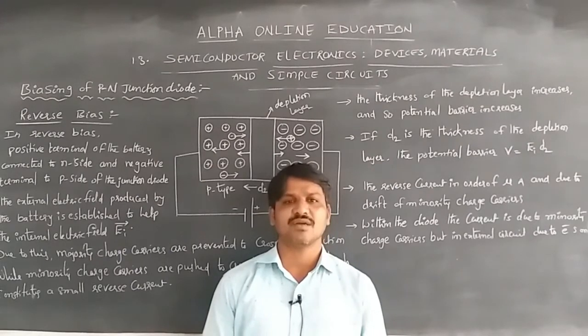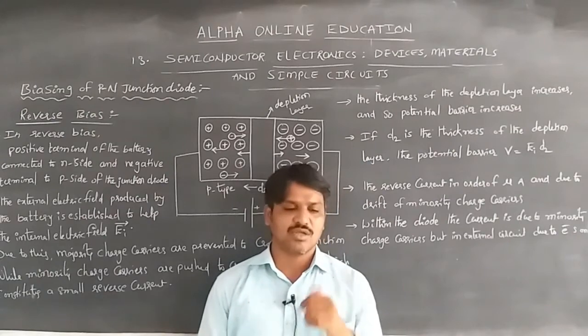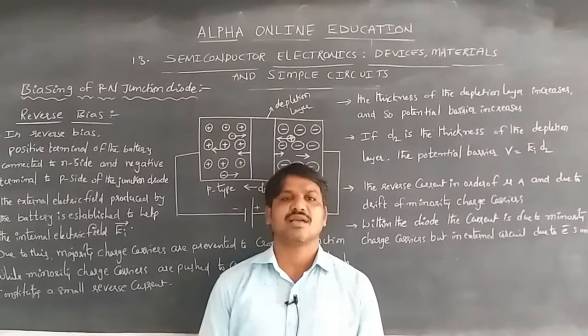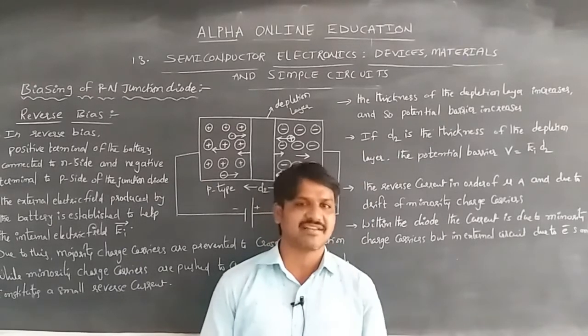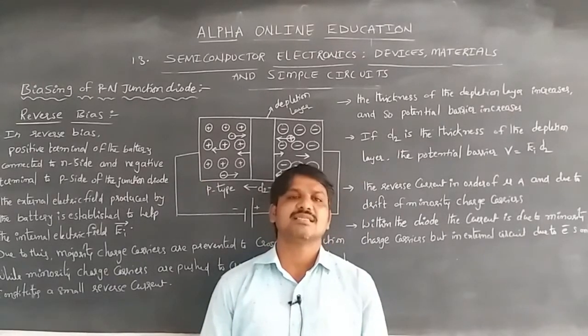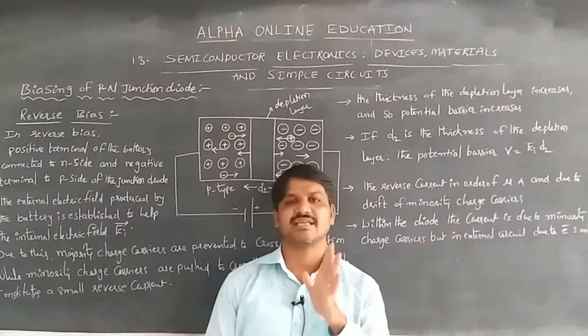As the current goes on increasing, the electric current in the junction diode finally rises rapidly. At that stage, we can say the depletion layer has almost totally decreased.